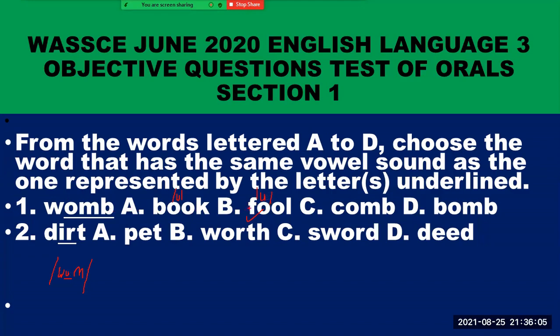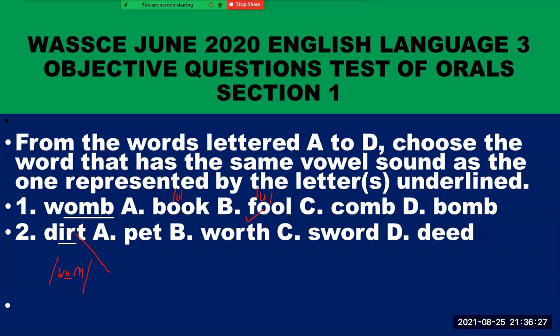So you have to test the words, and you will perceive the sameness of sound. Then option C is come and is out of it. Option D is bum and is out of it. Then question 2 is death.